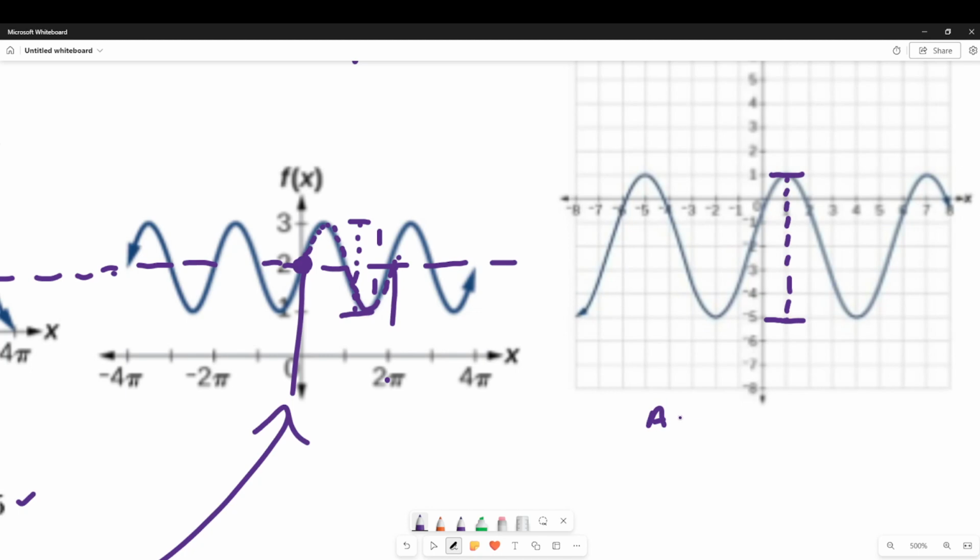So our amplitude has to be our max minus our min divided by 2. So how far do we go up and down from our center line? So 1 minus -5 divided by 2. You want to do it that way. So 6 divided by 2 is 3.